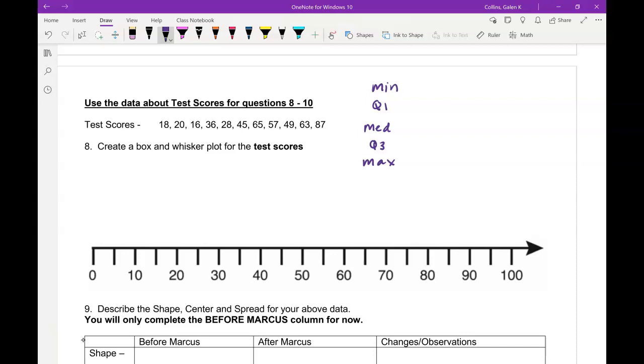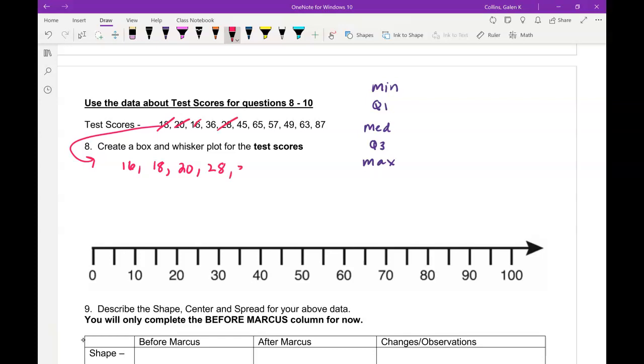So looking at the data, what I'm going to point out is that it is not already in order. So the first thing that we want to do is reorder our data. So it looks like 16 is the lowest test score, then 18, then 20. I'm going to cross these out as I go so I don't miss one or repeat one. 28 is after that.